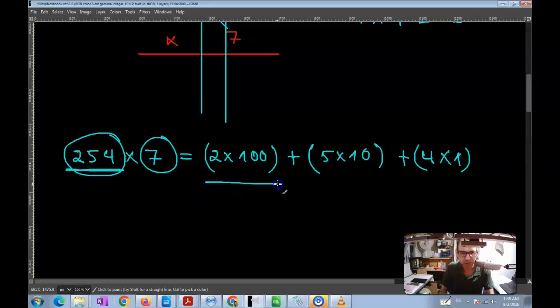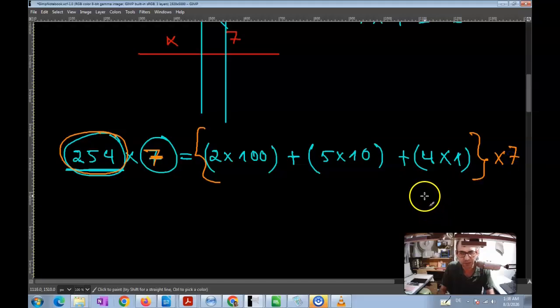Which means that each and every one of these numbers is being multiplied by a factor of 7. So now I can write that this 7 is being multiplied by this whole number. Since this whole thing is being multiplied by 7, each and every item in it is being multiplied by 7.